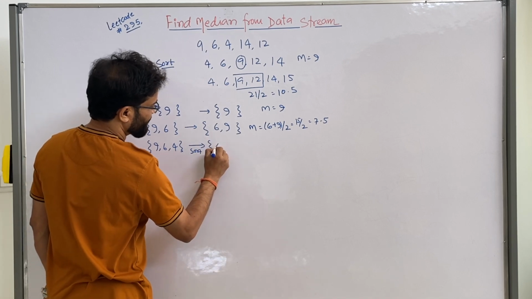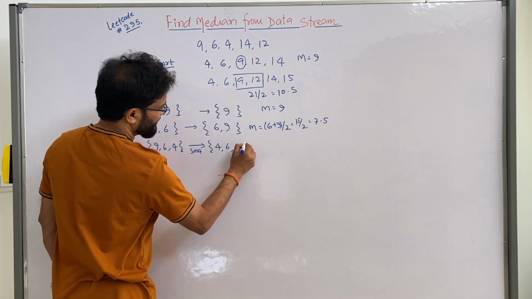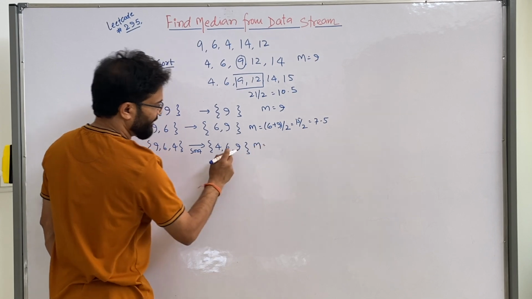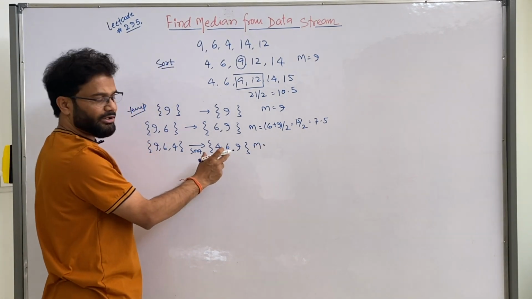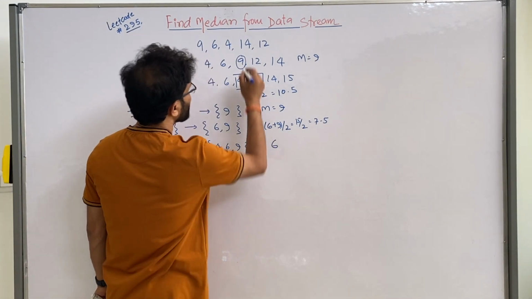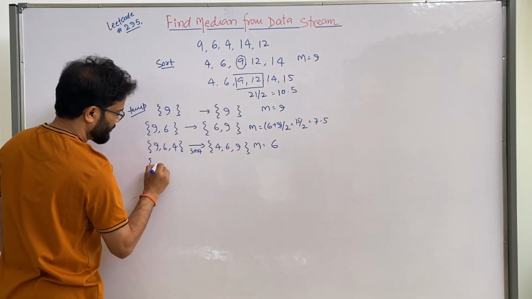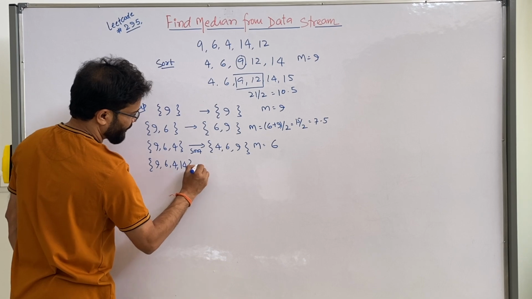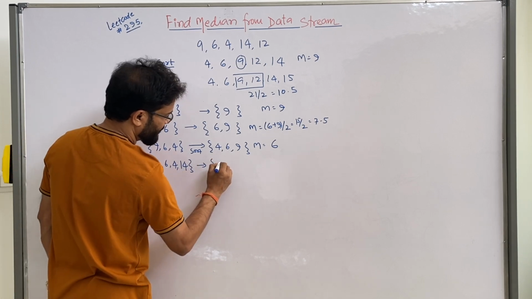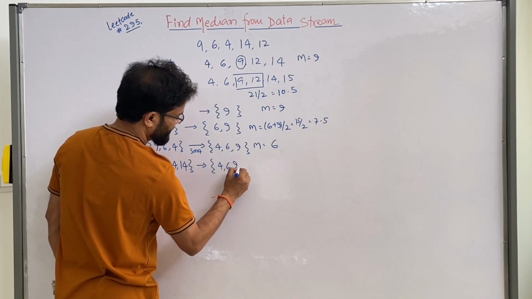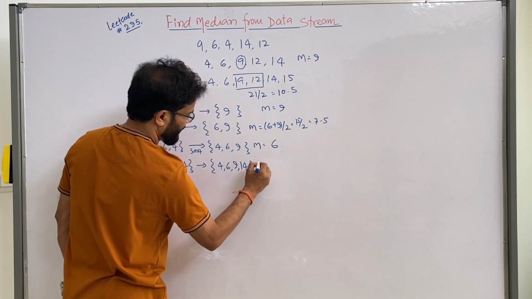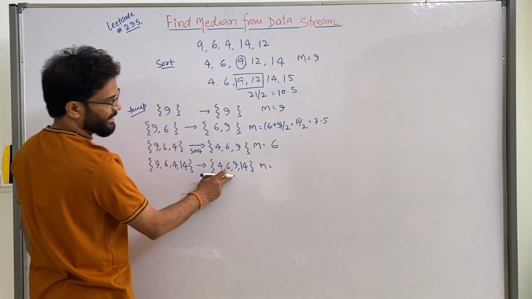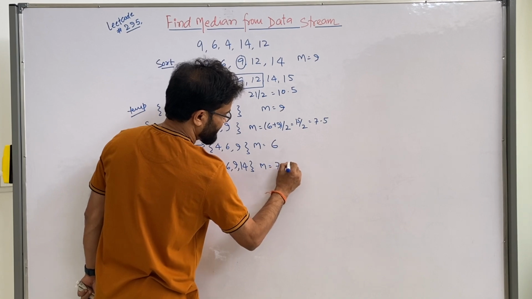After sorting it becomes 4, 6, 9, and the median is 6 because the count is odd. Then 14 comes, so your temp is 4, 6, 9, 14, and the median is (6 + 9) / 2 = 7.5.